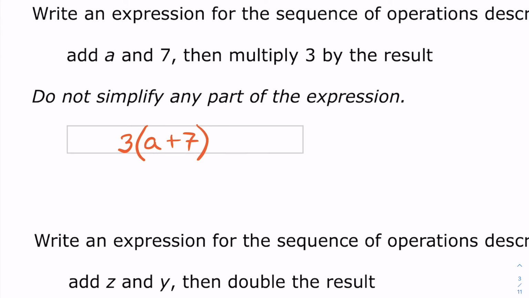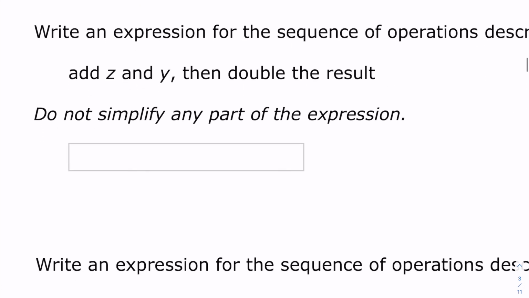All right, the next one, write an expression for this sequence. Add 7 and z, and then double the result. The first thing I'm going to do is add z and 7. I'm going to add them together. And by doubling it, I can just throw this 2 out front, and I'm good to go.